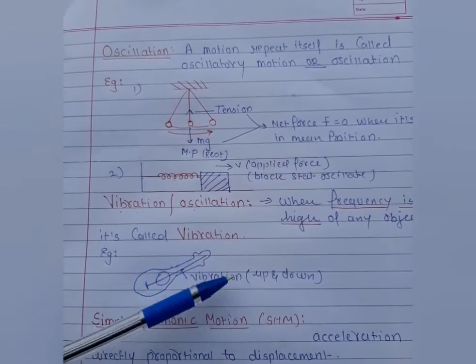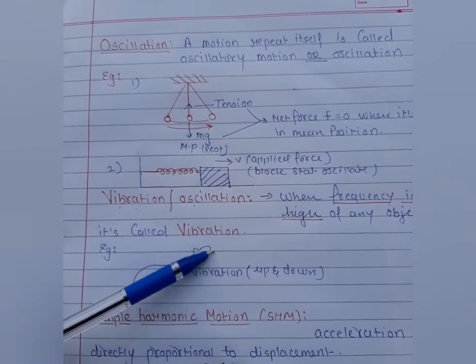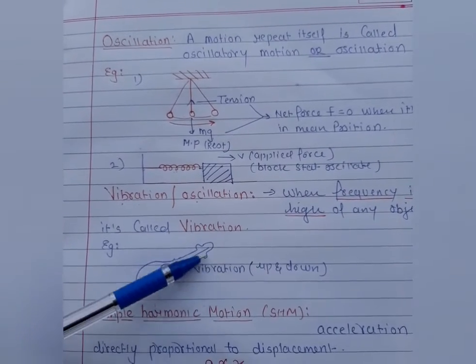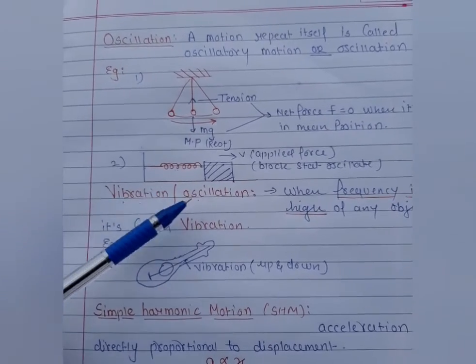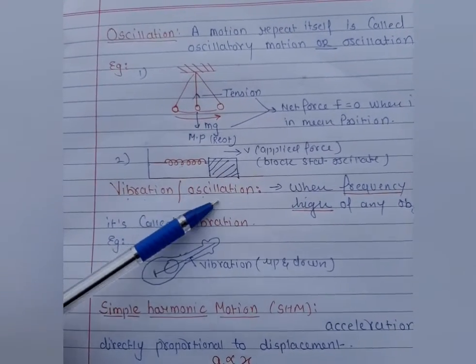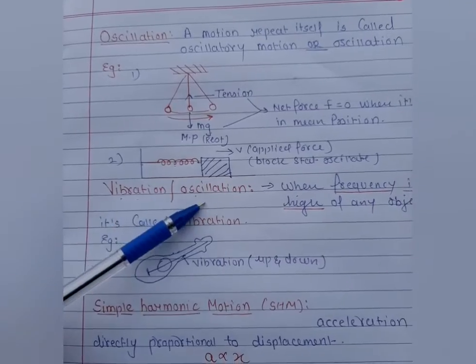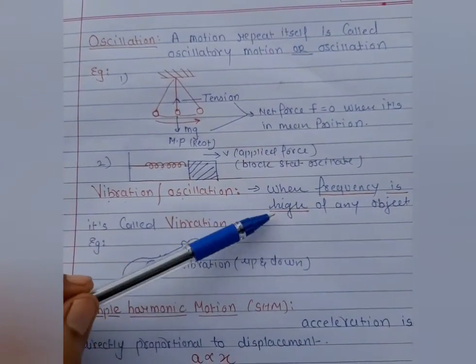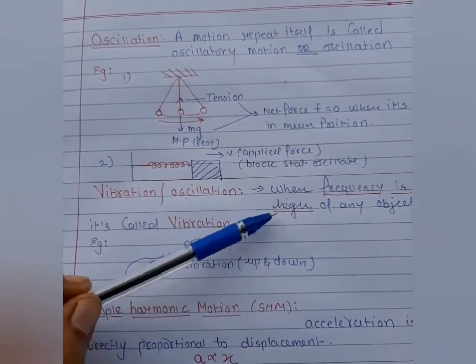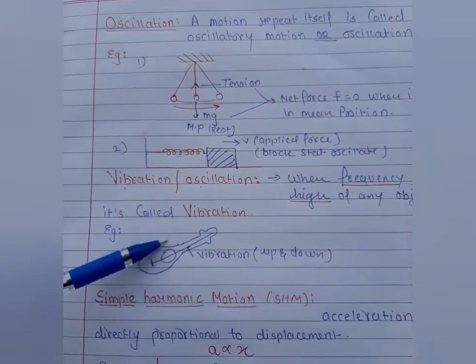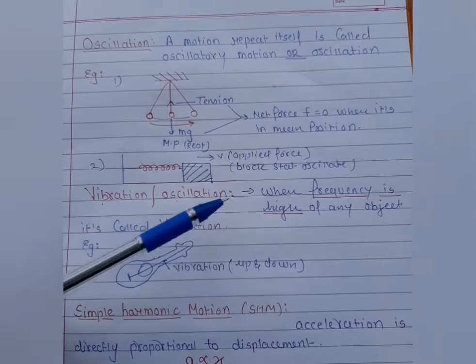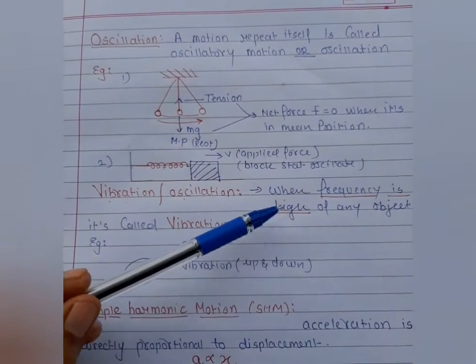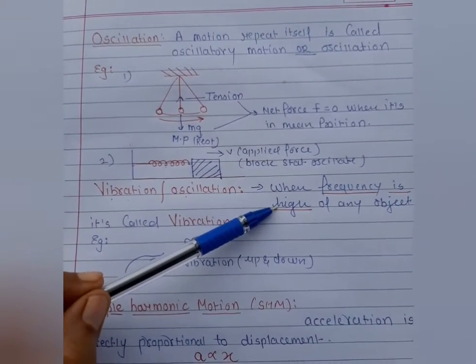This up and down motion of the string shows vibration, which is technically equal to oscillation, and it happens when the frequency is high. At lower frequency, we are not talking about vibration. It only happens when the frequency value is large.